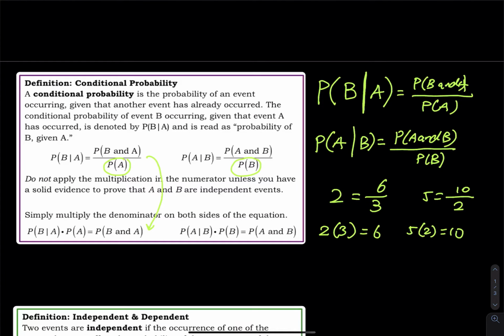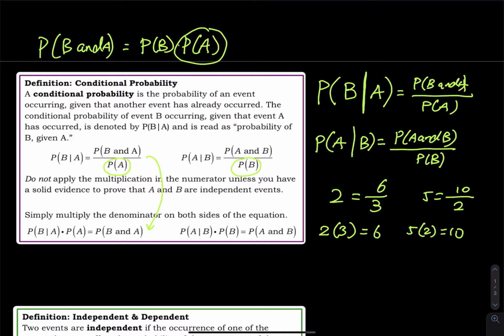In the numerator, we have B and A. So why don't you rewrite the probability of B and A as the probability of B times the probability of A, and then this probability of A cancels the probability of A in the denominator? Why don't you simplify the formula? This is not in the simplest form.